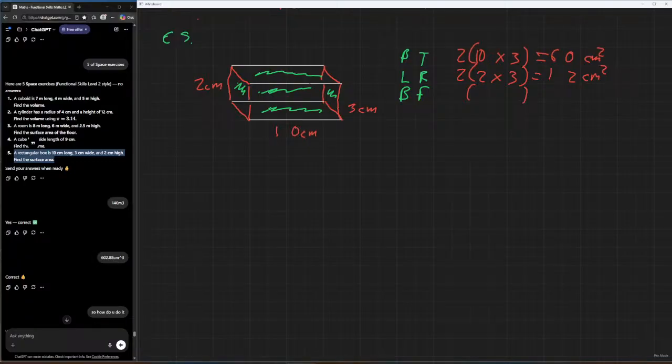The bottom, wait. No, the back. This is the back. So it is 2 centimeter times 10. 2 times 10. Alright? Find the area. And then times 2. 2 times 10 is 20. Times 2 is 40.